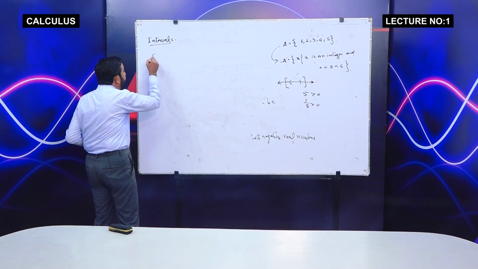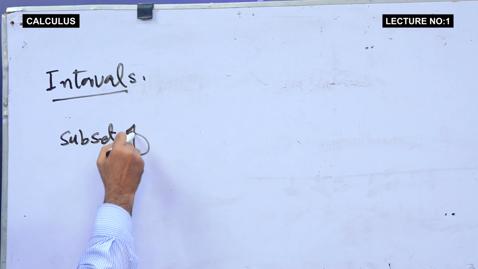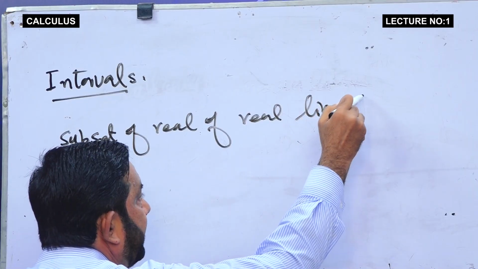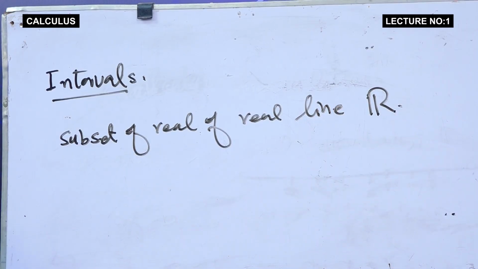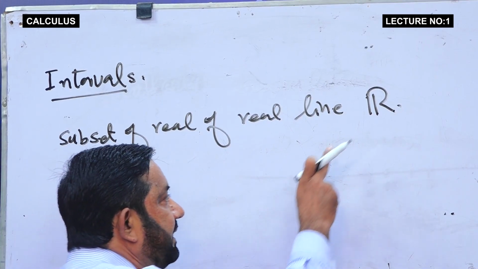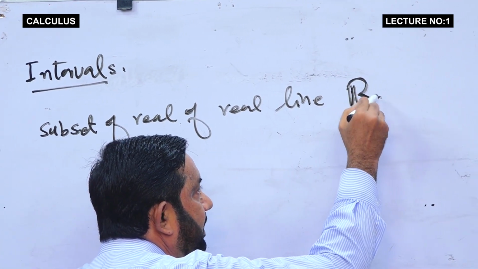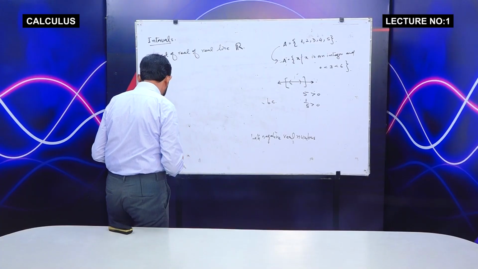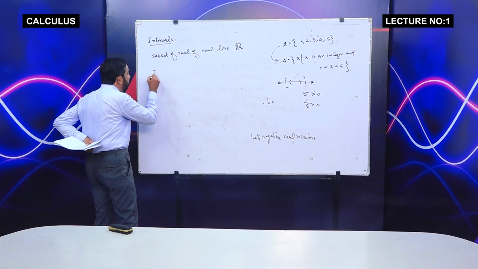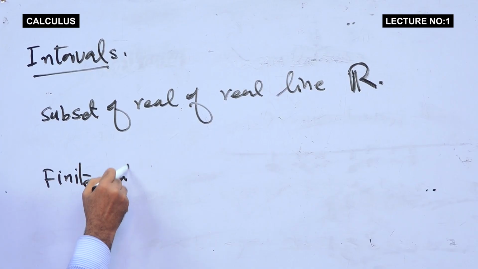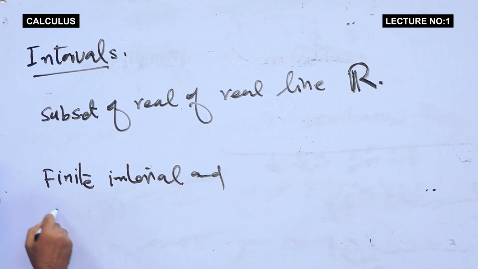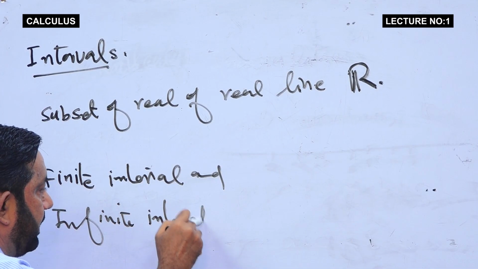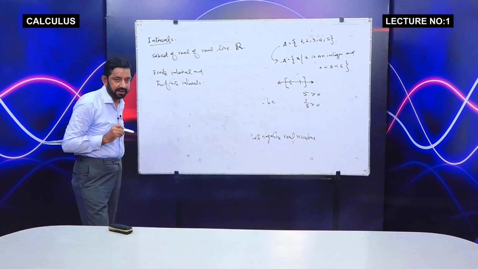An interval is in fact a subset of the real line, and the real line is denoted by this R. Please see that this R stands for the real line. And intervals are of two types. We have finite intervals and infinite intervals. So there are two types of interval.